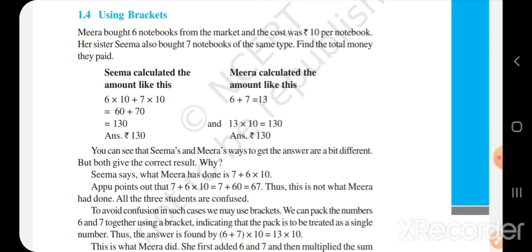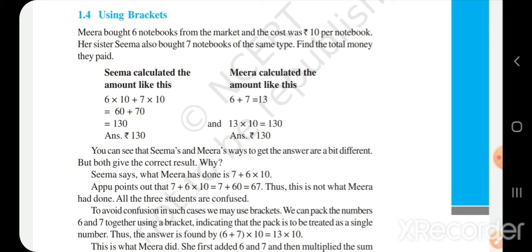So 13 into 10 is equal to 130. So here the answer is also 130 rupees. You can see that Seema's and Meera's ways to get the answer are a bit different, but both give the correct result.